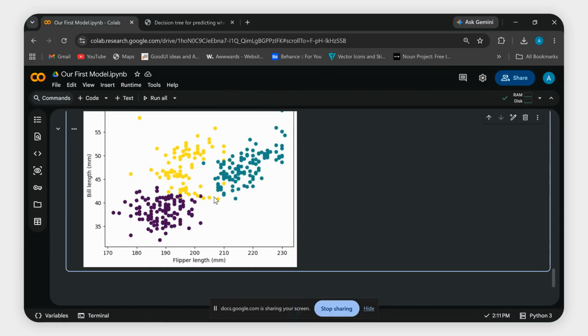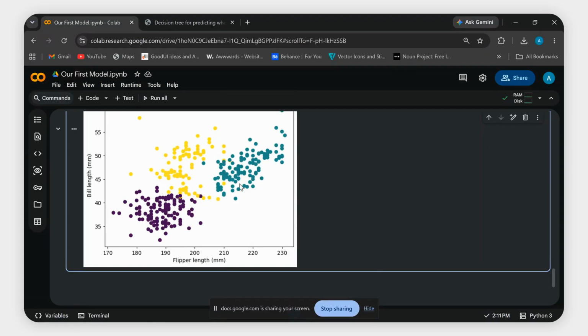So, like the review, the small all-rounders would probably be the Adelies, and then the yellow cluster, where the bills are much bigger, would probably be the Chinstraps.